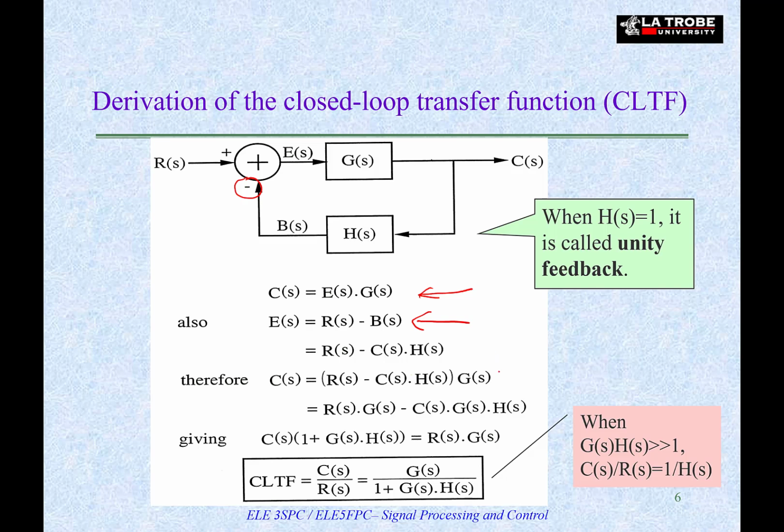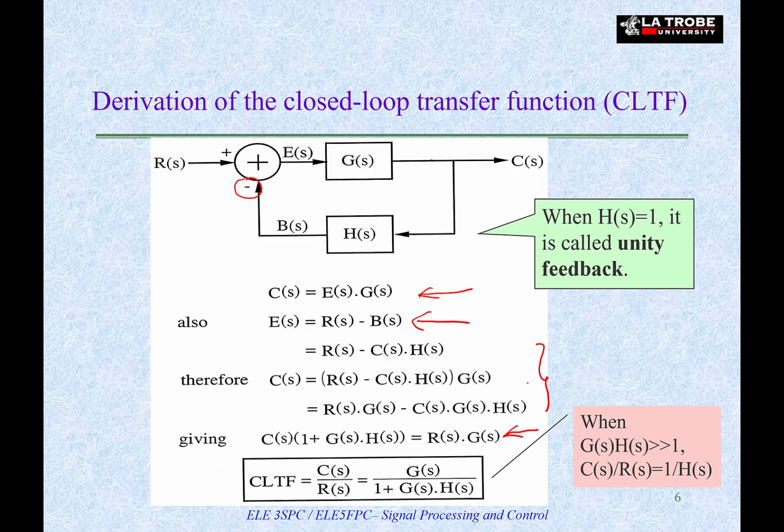And then we further go on until we find the relationship between C(s) and R(s). So all these steps are intermediate steps. Once we find relationship between C(s) and R(s), we need to write it in the transfer function format.